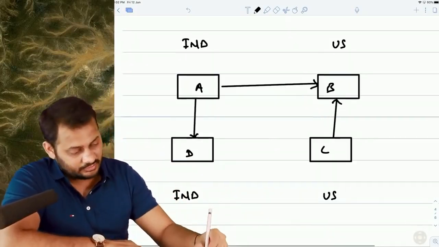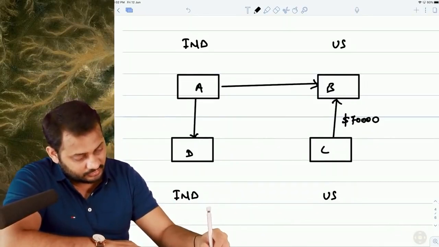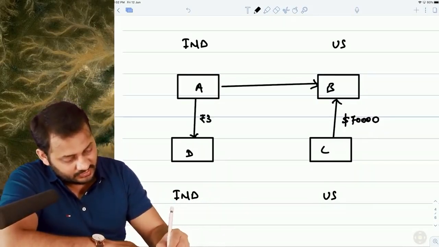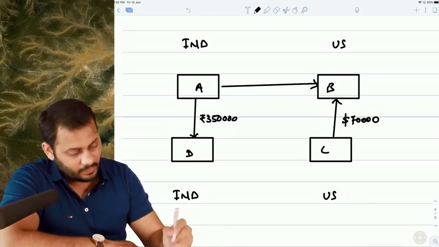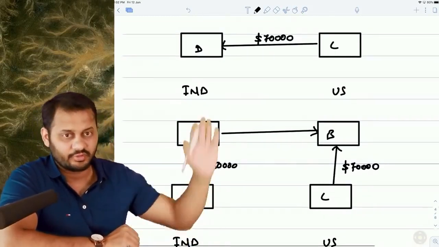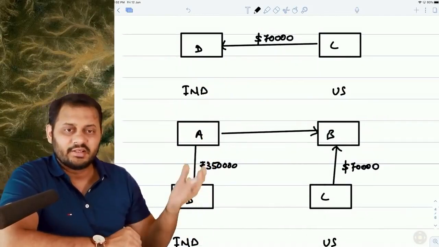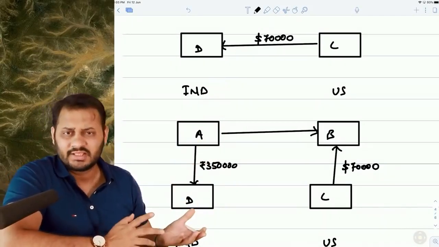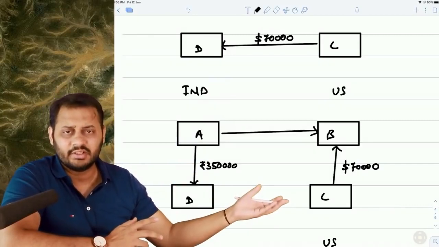How much? $70,000 and rupees 3,50,000. He was supposed to receive 3,50,000 from C. Have a look here. But now he is getting it from A. So he is happy. He doesn't need any money from C now.